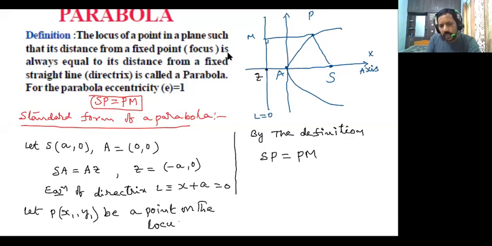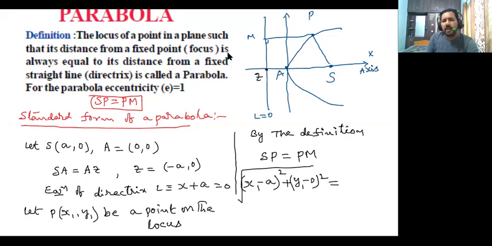Now use this condition. S we already know, L we also know, and P we also know. SP is the distance between these two, which is the square root of (x1 minus a) whole square plus (y1 minus 0) whole square, is equal to PM.